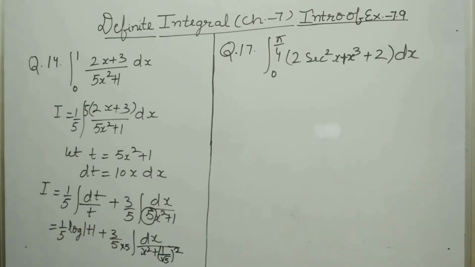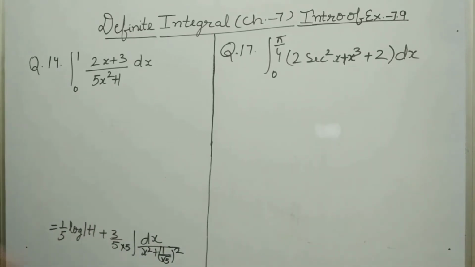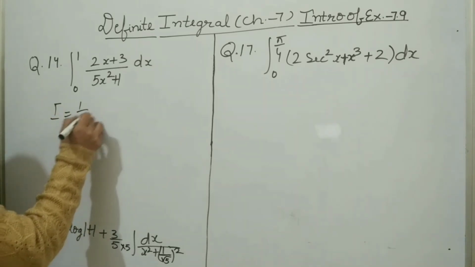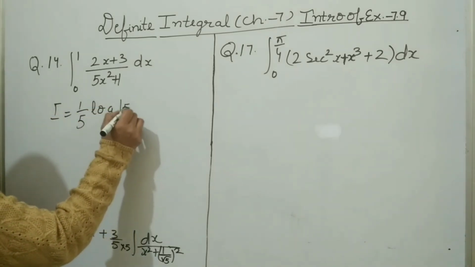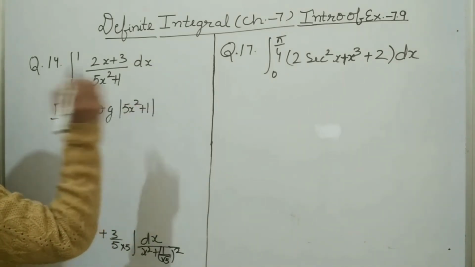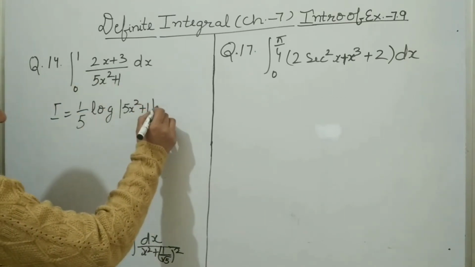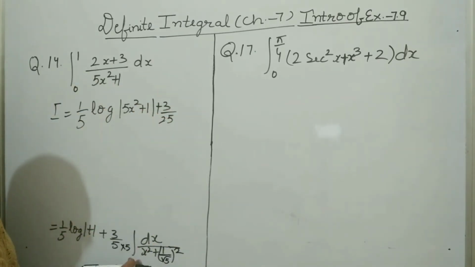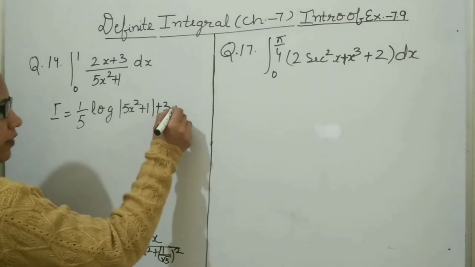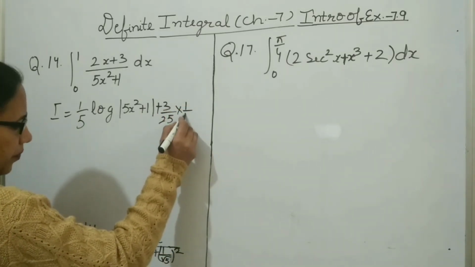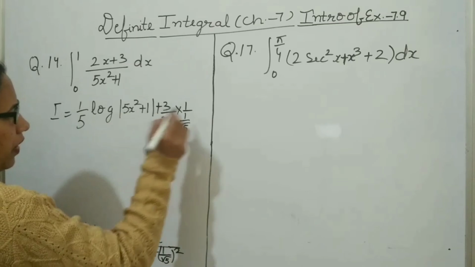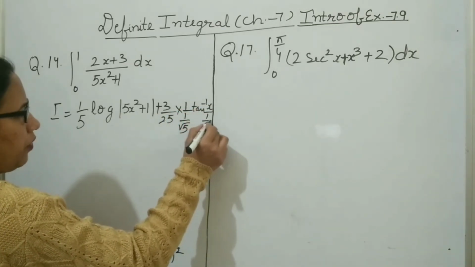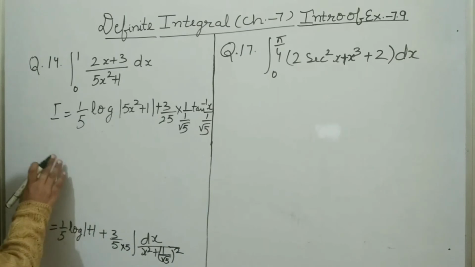Correct? So next, we substitute the value of t here, it becomes 1 by 5 log of mod of 5x square plus 1 plus 3 over 25, and this one is 1 over x square plus a square, and its integration is 1 by a, that means 1 over 1 by root 5, tan inverse x by a, x over 1 over root 5. Clear?